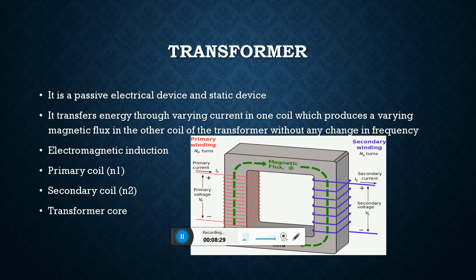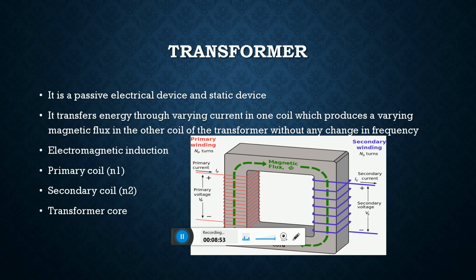As I told, the transformer is very important in electricity distribution. It is a passive electrical device and a static device. Passive means it does not produce any energy but helps in the flow of energy. Static means it does not move its position to transfer energy.